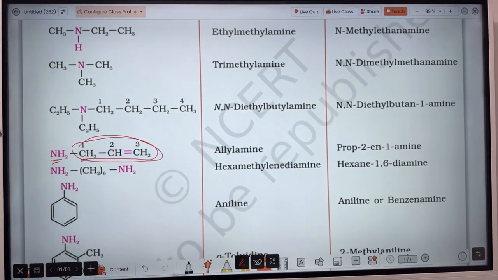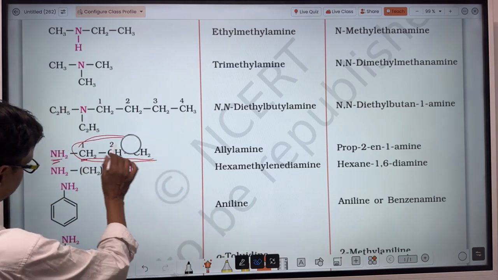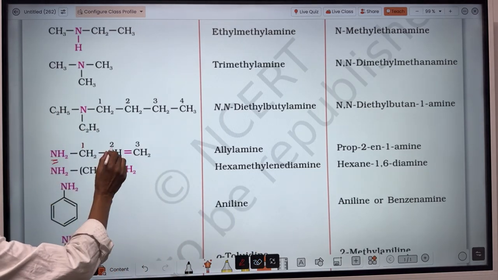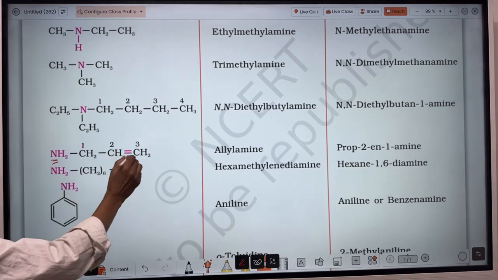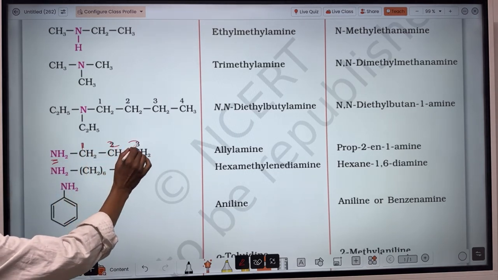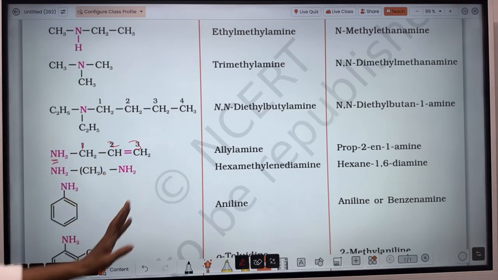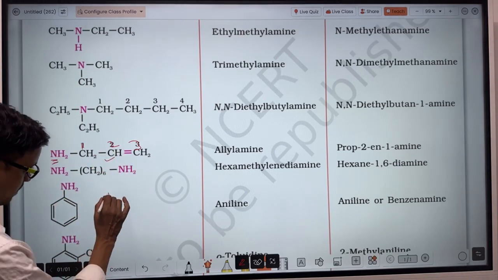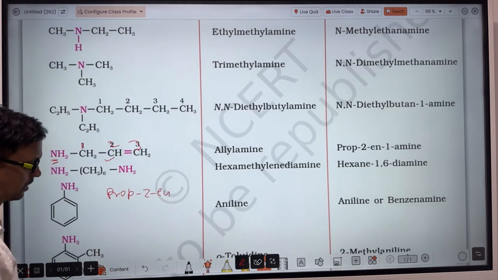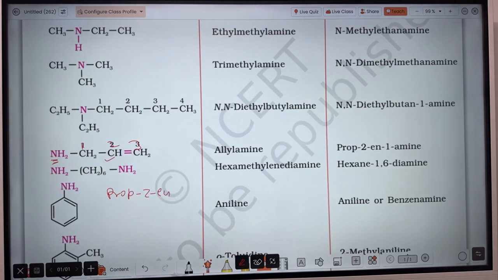So that's why here 1, 2, 3. That is for the IUPAC name. First of all, watch out for alphabetical order. So 1, 2, 3. Here at second position there is a double bond, so it is prop-2-en, and the amino group is at first position.